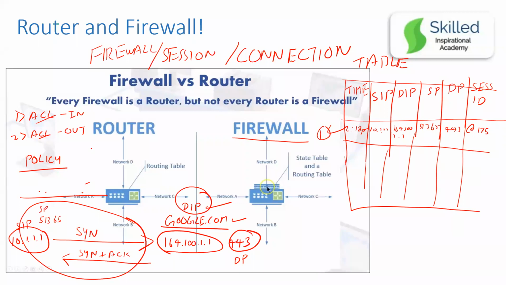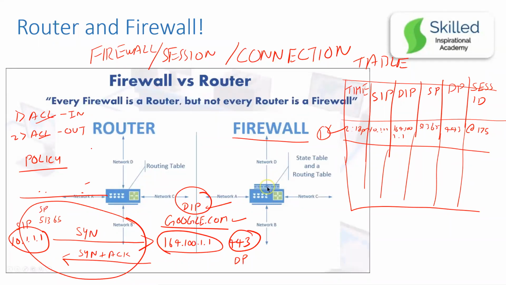But when it comes to inspection, if I need to apply security inspections such as application control, IPS, or antivirus, a router cannot do that job. I need a different device for that. That is what we are talking about here: the difference between a firewall and a router. So this is what we're discussing.